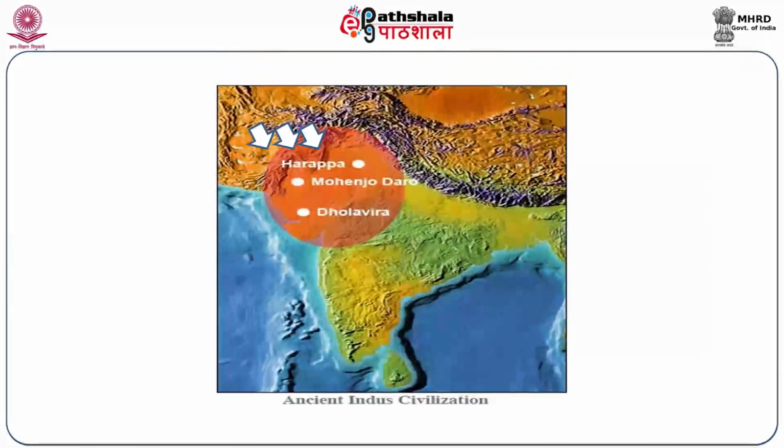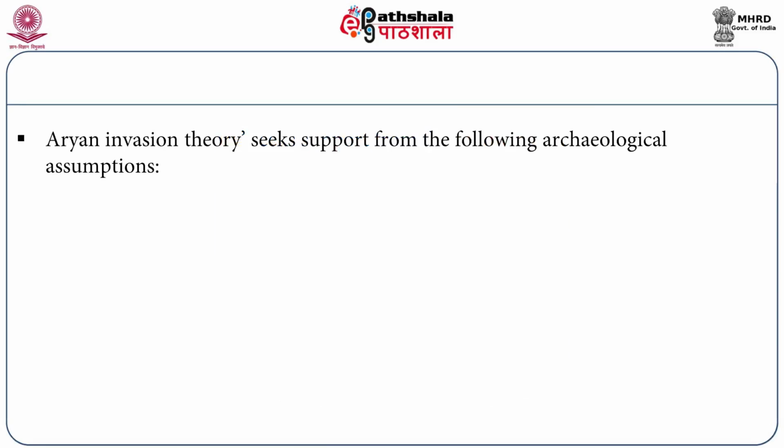So, this is the map of India showing the location of Indus Valley or Harappan cultural sites. The arrow indicates the movement of Aryans according to the views of earlier researchers. Aryan invasion theory seeks support from the following archaeological assumptions.